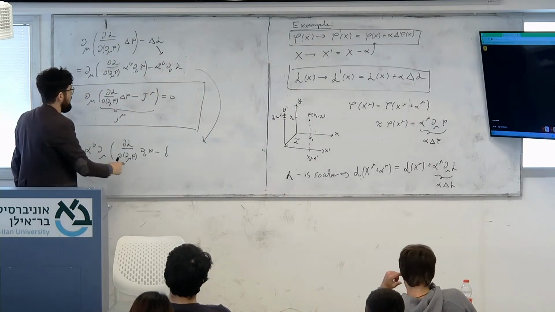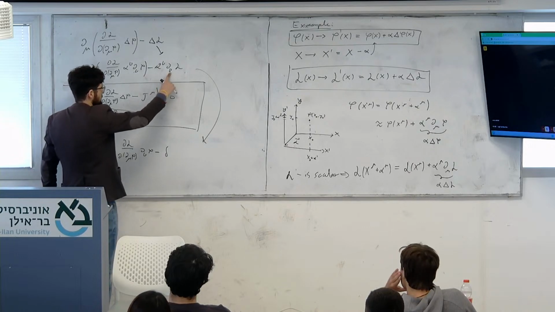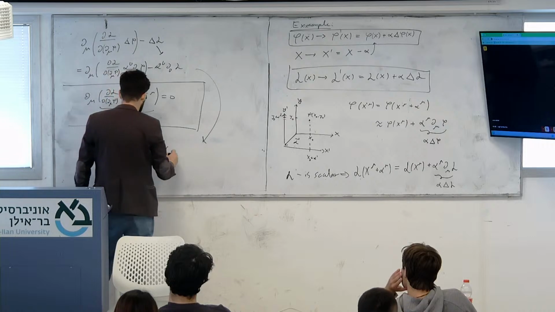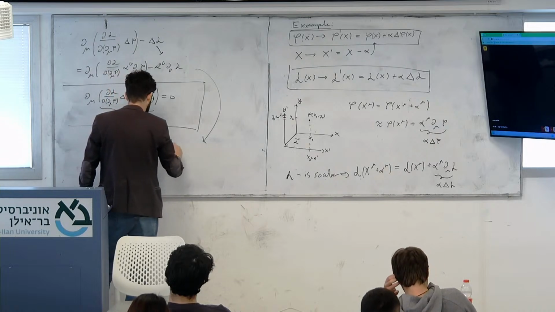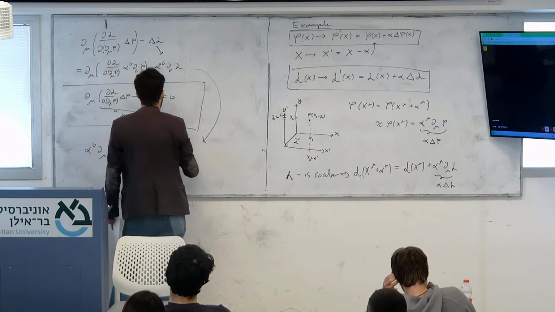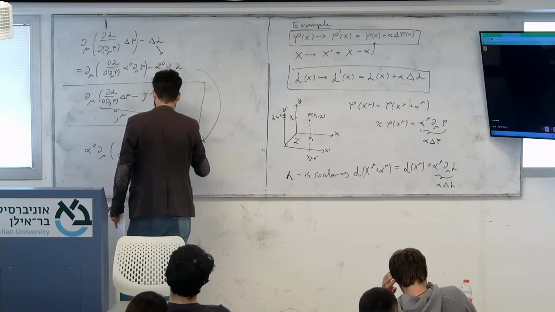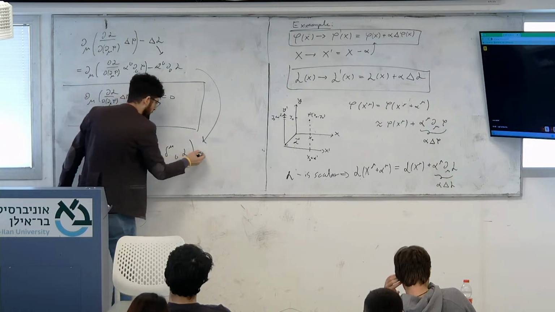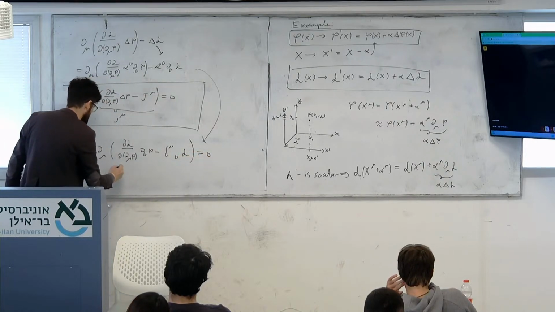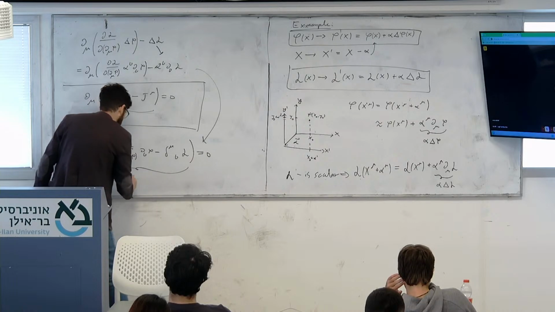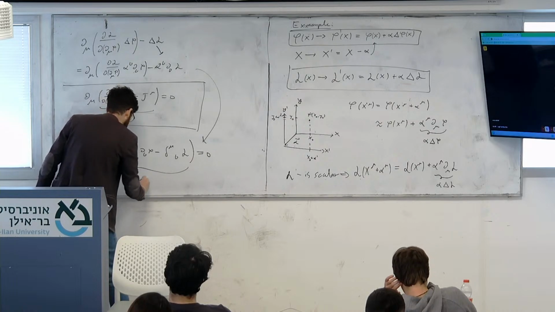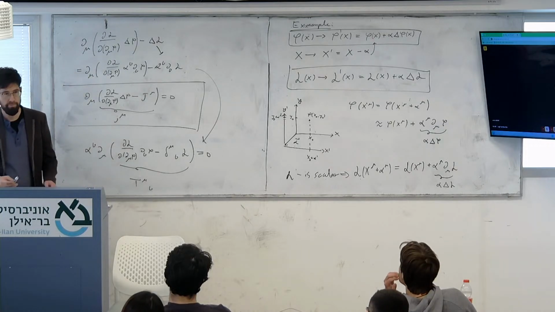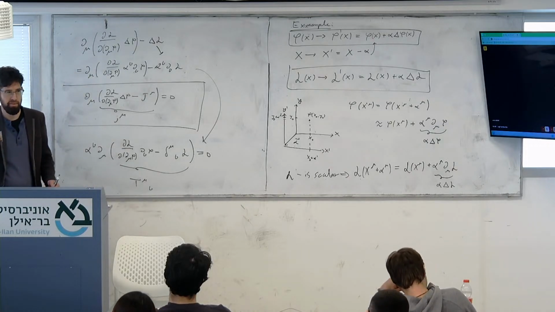I take them both out, but you see that here the derivative is with respect to ν, not μ. So I need to do something like δ^μ_ν L. Okay, and this whole guy is equal to 0. So this guy is a tensor, right? It's T^μ_ν. And you know what this is? Energy momentum tensor.